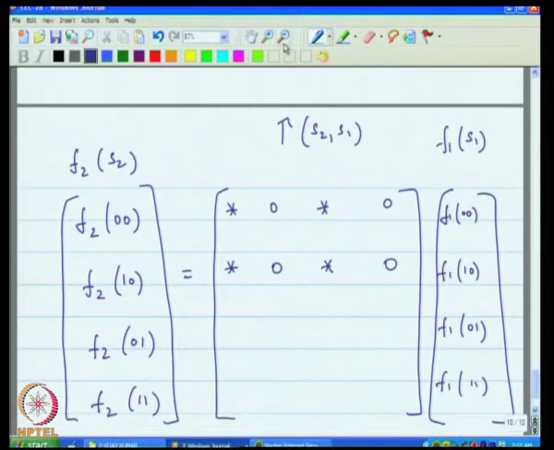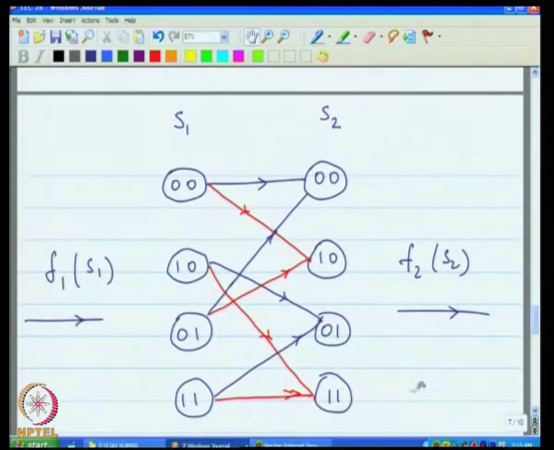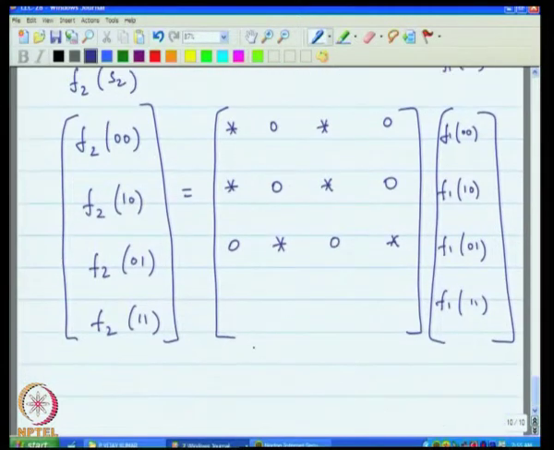Now, you want to know, if I am going towards 0 1, where can I come from? I can either come from 1 0 or 1 1. So, that means in this case the stars are here and the zeros are here, and similarly for the last case you will find that it is similar.